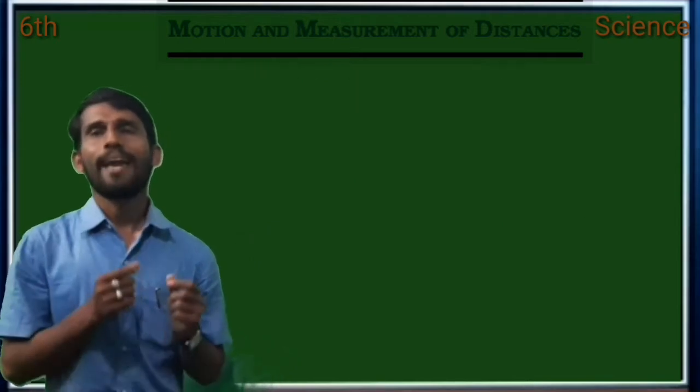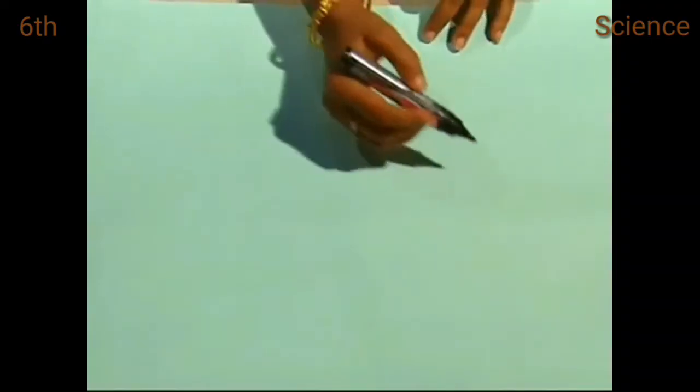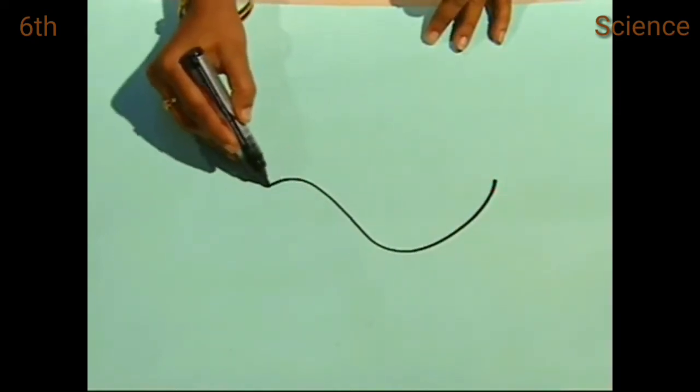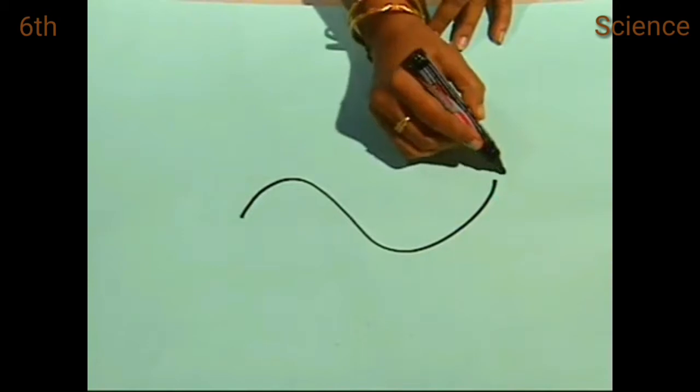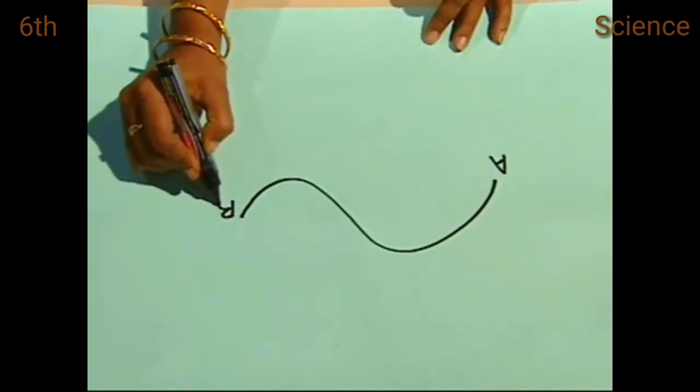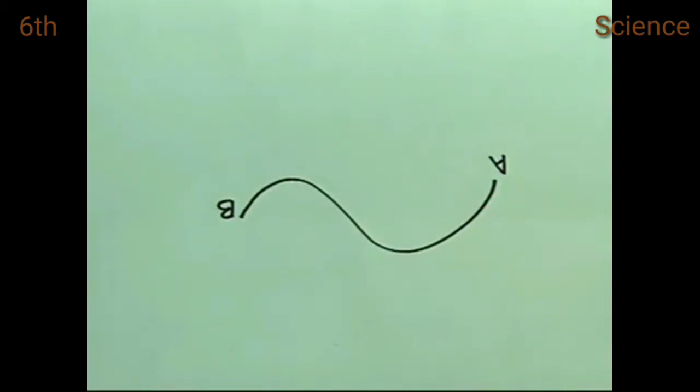Dear friend, let us see an activity here. See, we have to measure this curved line. You draw it with a sketch pen and mark point A and point B. After that, you take one thread.